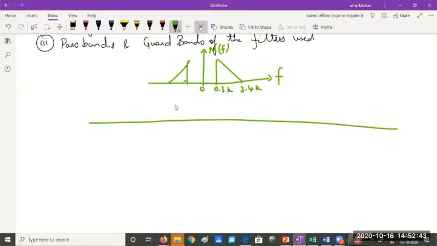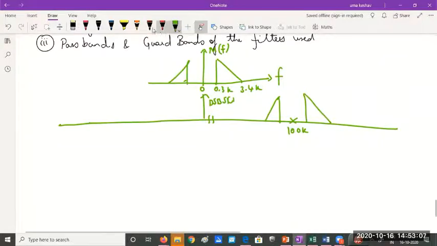Then we'll directly do DSB-SC stage 1. So that is at carrier frequency 100k. You can show a separation here. From 100k, this 0 now shifts to 100k. So I'll have this spectrum like this.